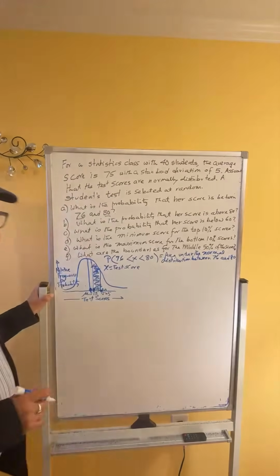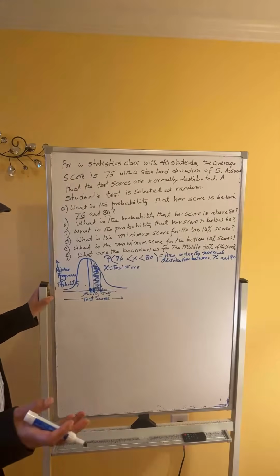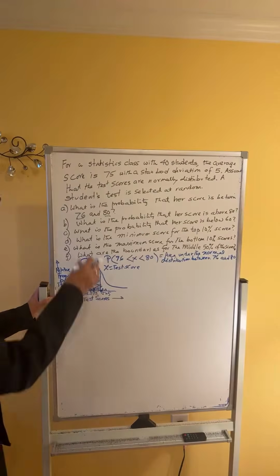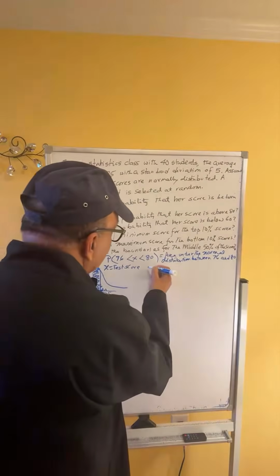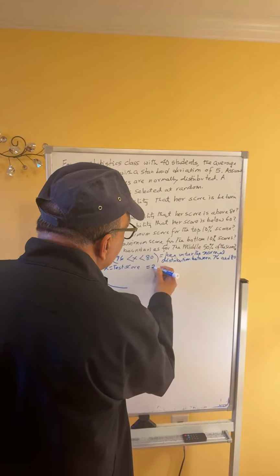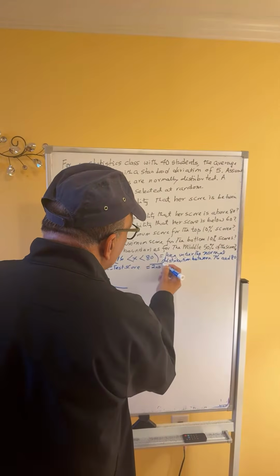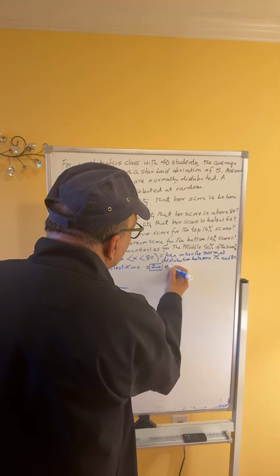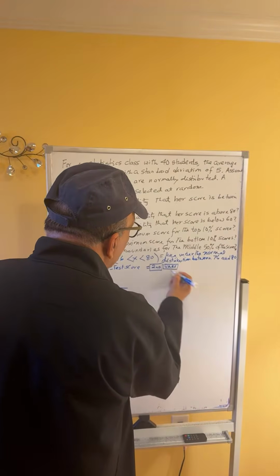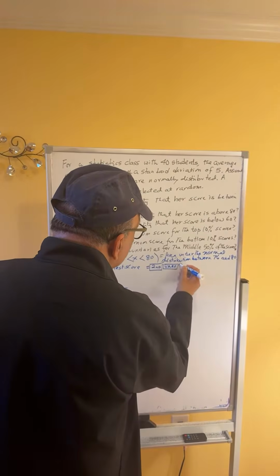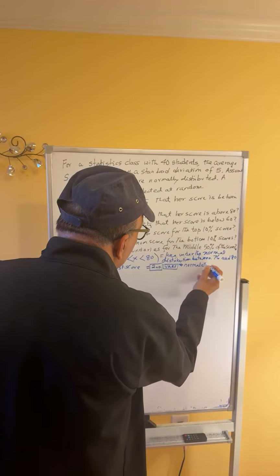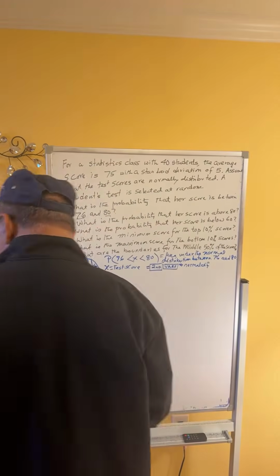I will be using a TI-84 calculator. I suggest that you use TI-84 because it is relatively easy to find the area under the normal curve using it. So how do you do that? You press the second key, then you press the VARS key, which is in the third row, and then you scroll down with the down arrow key to normalcdf, normal cumulative distribution function.